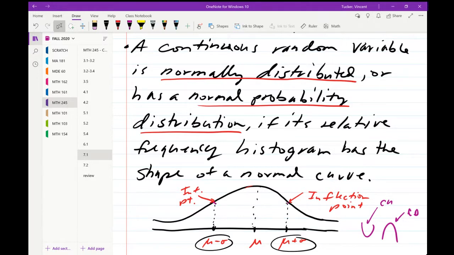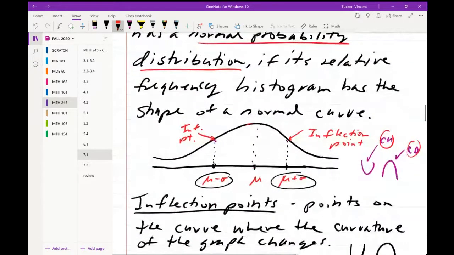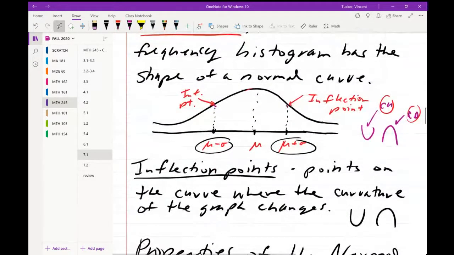All right, so we also have what we call inflection points. That's where the concavity of your graph changes from concave up, that's what I have right here, to concave down. These are points on the curve where the curvature of the graph changes, the concavity.